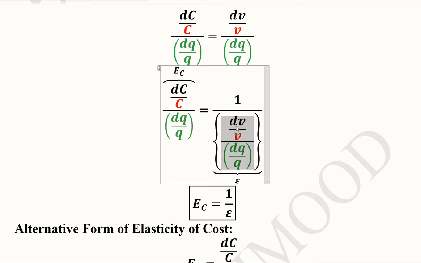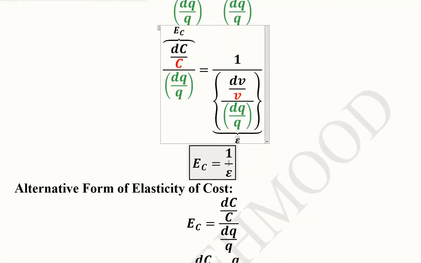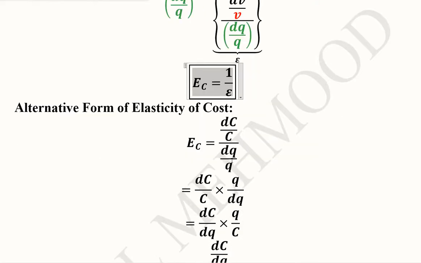So now this expression in the curly bracket is actually the elasticity of scale, and therefore the relationship that we considered in the beginning is now proved, because it is now 1 over elasticity of scale, that is epsilon. So the two elasticities, the elasticity of cost and elasticity of scale, are reciprocal of each other.